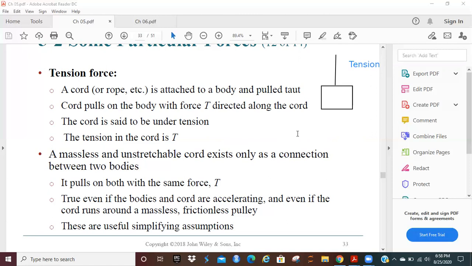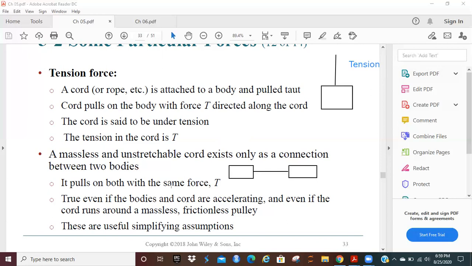So it pulls, and what it's talking about here, if it's in between two bodies, then we've got something here, something like that, and then something that connects the two. So it's going to pull on both with the same force or the same tension. And this is true even if the bodies and the cord are accelerating, and even if the cord runs around a massless, frictionless pulley.